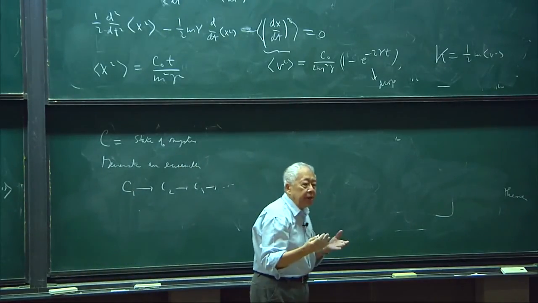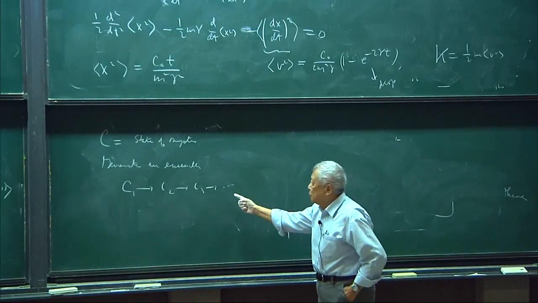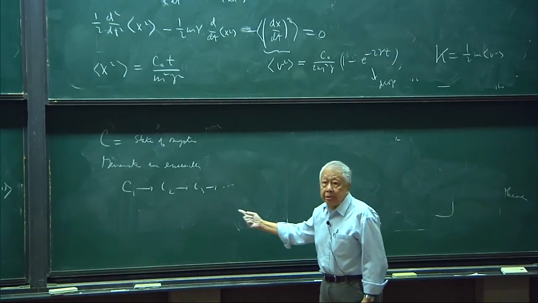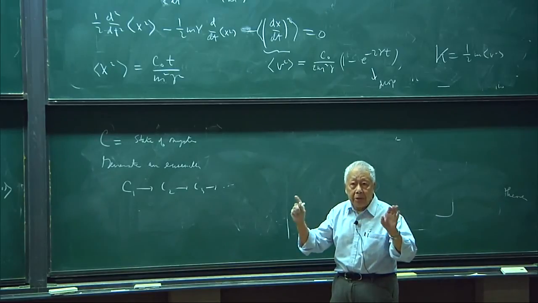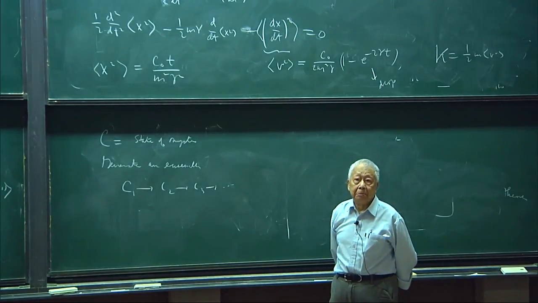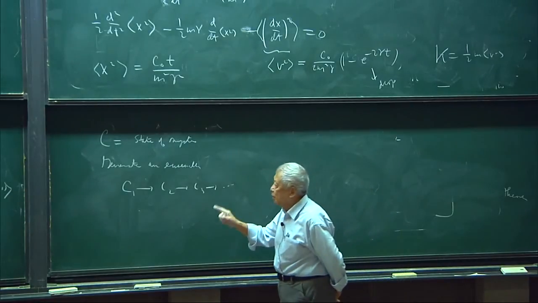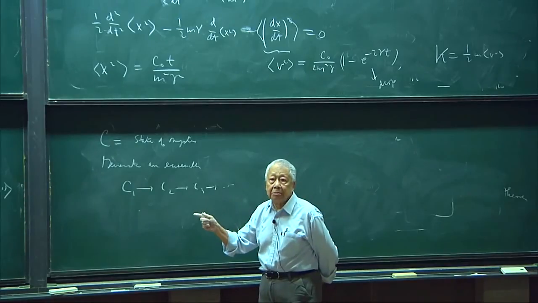You have some updating algorithm that will generate this ensemble. If you generate it long enough, that's an ensemble. You take the average over these states. That ensemble exists in your computer, in the memory, and you can do anything with it. So the trick is to find the algorithm that updates the state from one state to the next.